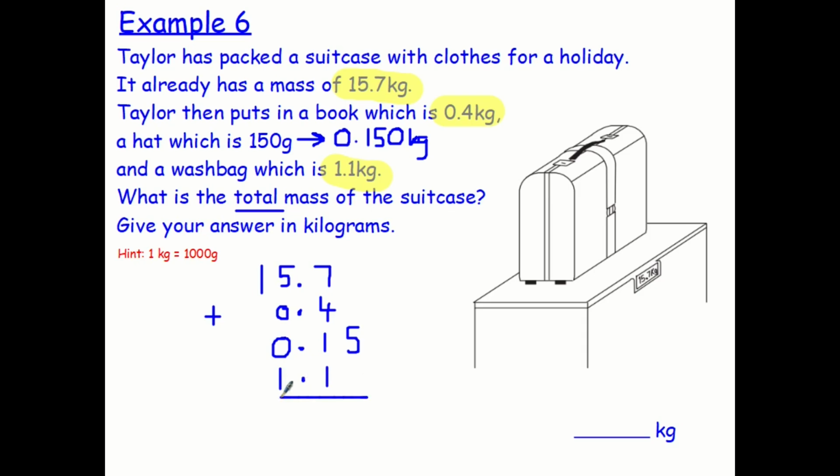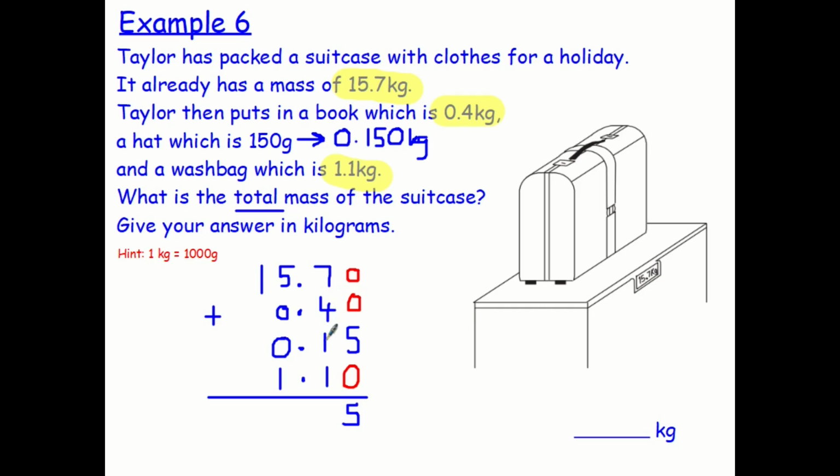So adding them all together, and I'm going to put a couple of zeros in here as place value holders. So because I've got something in the hundredths column here, I'm just going to put a 0 in the hundredths column of each of these. And now I can add them together. So 0 plus 0 plus 5 plus 0 is just 5. 7 plus 4 is 11.